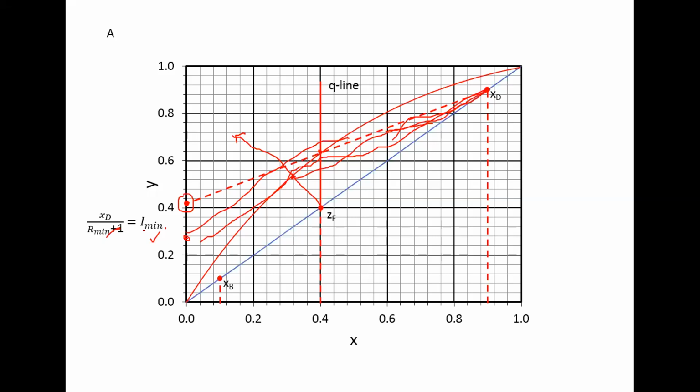Up to here, am I answering your question? Yes, ma'am. But what if in some questions they put the intersection point between the Q line and the enriching line somewhere in the middle, like 1:3, so it's not like that?